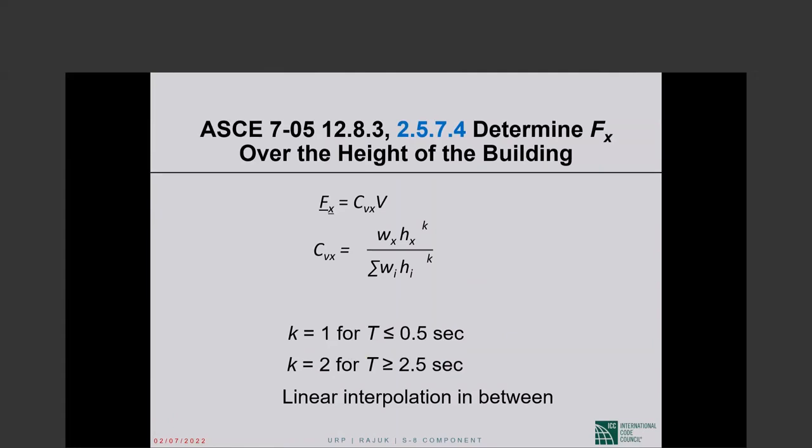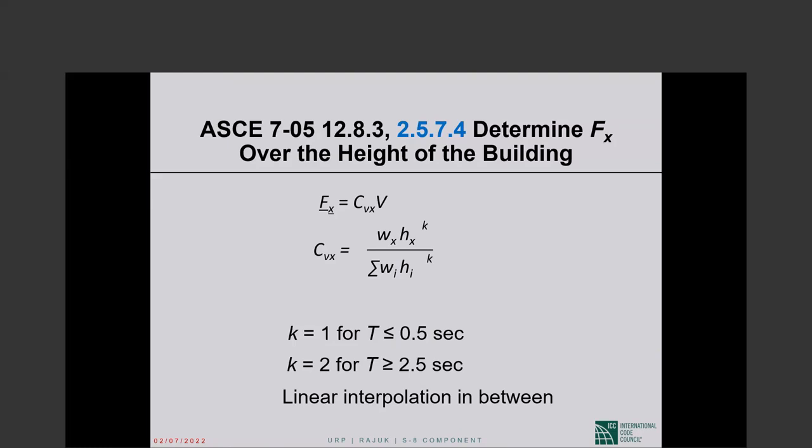Triangular distribution, whatever you like, going from 0 at the base to a maximum at the top. So for short period structures, we do a triangular distribution of the design base shear. K of 2 is a parabolic distribution going from 0 at the base to a maximum at the top. So for long period structures, period exceeding 2.5 seconds, we do a parabolic distribution of the design base shear.